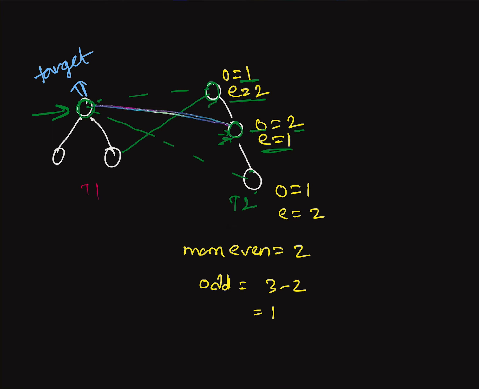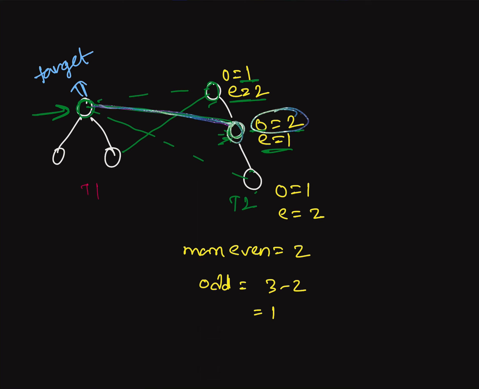Now I can connect any node, correct? So suppose I connect this edge, then how many nodes will be counted at an even distance here, the number of odds?